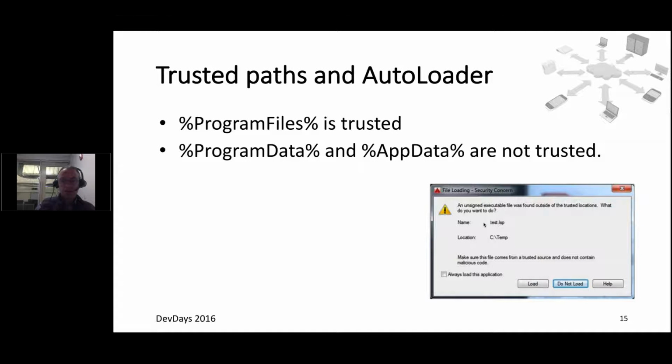But the big issue is people deploying applications which potentially only need standard user privileges to deploy, which may contain malicious code, and because of that, we don't trust any applications which are loaded from outside Program Files. So particularly the ProgramData and AppData locations, we don't trust those unless they're digitally signed.